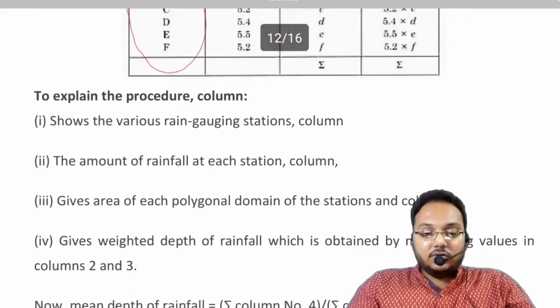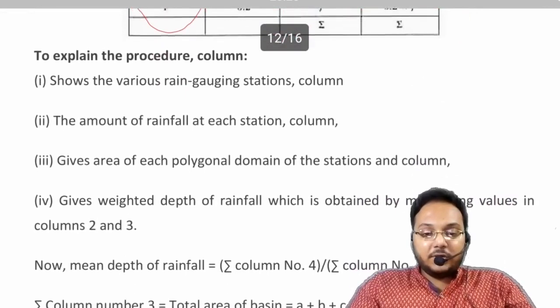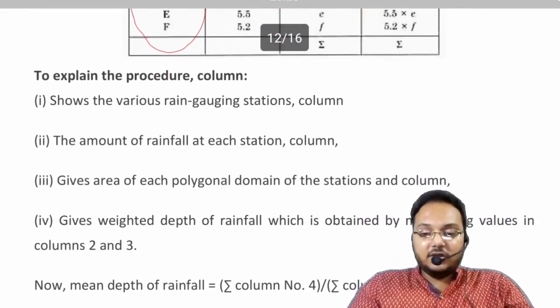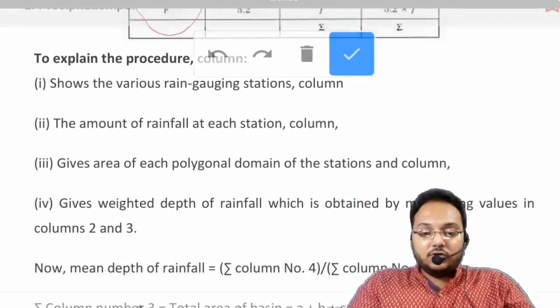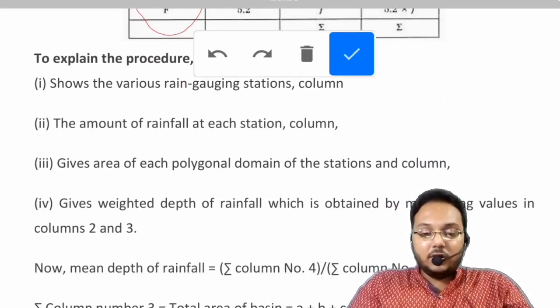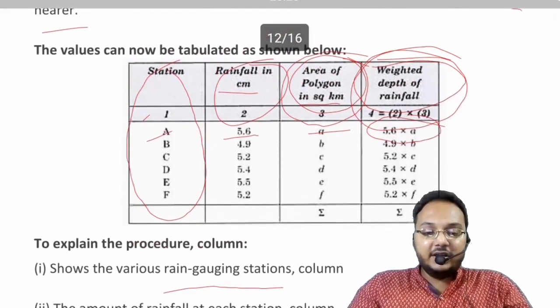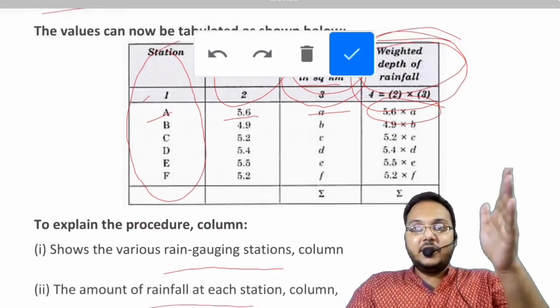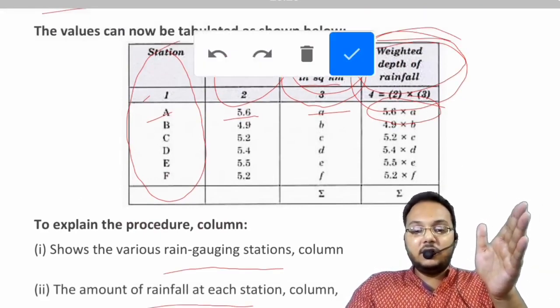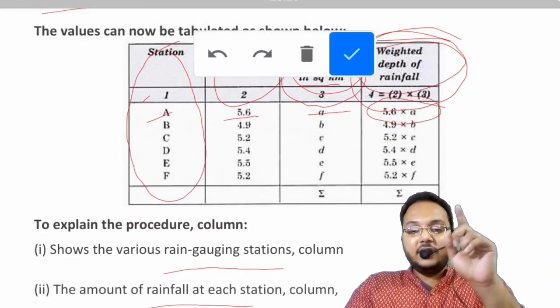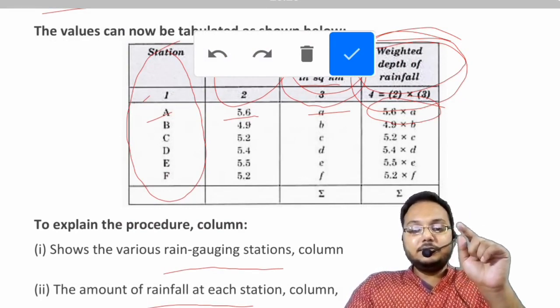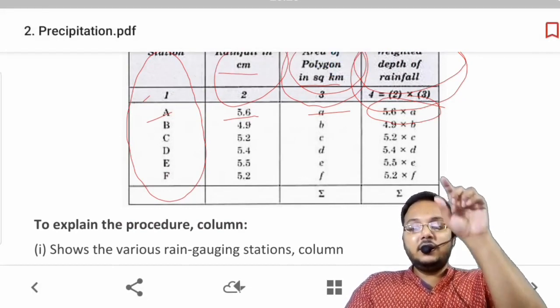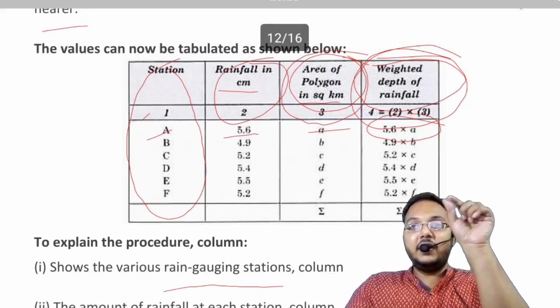To explain the procedure of the columns, just read the procedure once. It shows the various rain gauge stations on the left hand side in the first column, and in the second column you can see the rainfall data of the particular gauge stations.